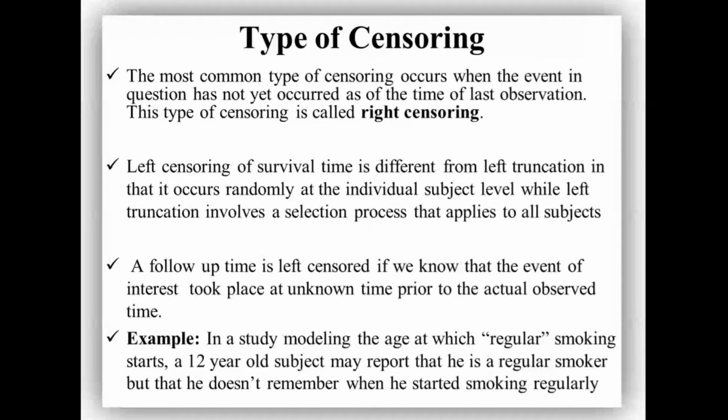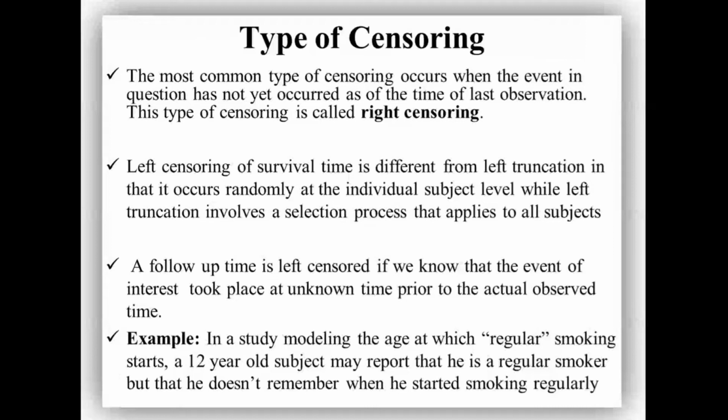That is right censoring. And left censoring is when we know that the person has already developed the event of interest, but we don't know when actually it started. For example, assume a 12-year-old child is already smoking cigarettes.